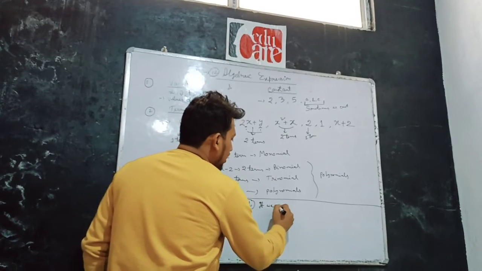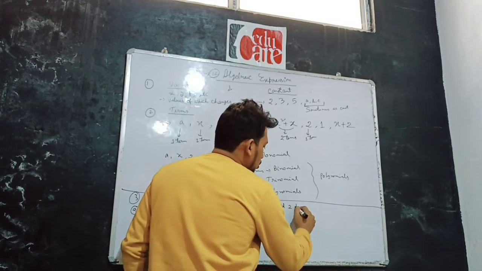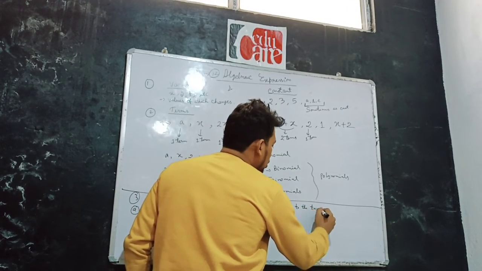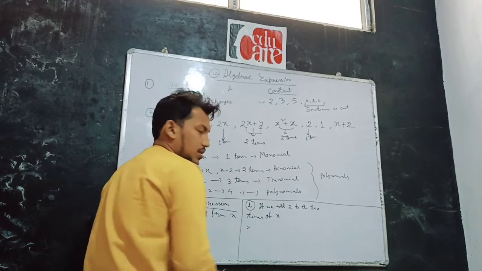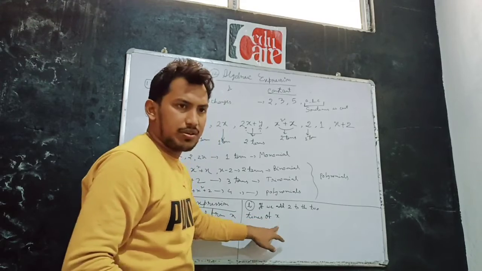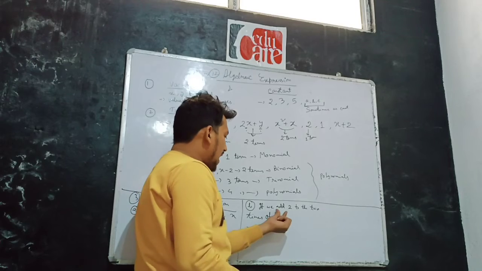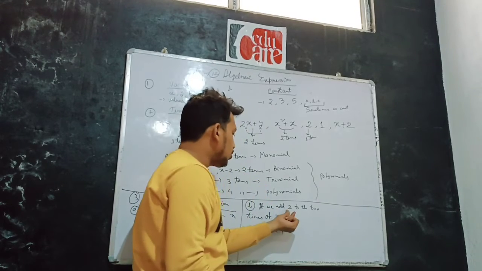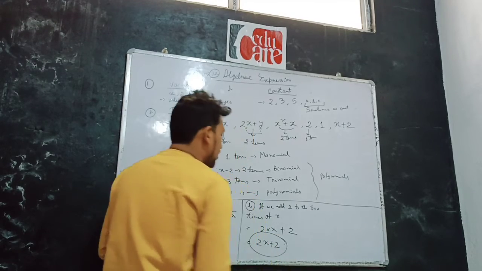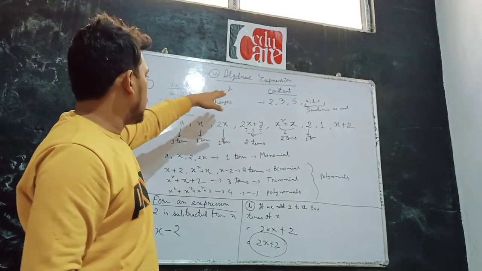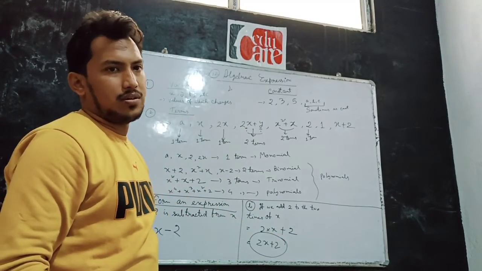If we add 2 to 2 times of x, 2 times x means 2 into x. Simple. Add means plus 2. That means 2x plus 2. That is called an expression. We have formed an expression.